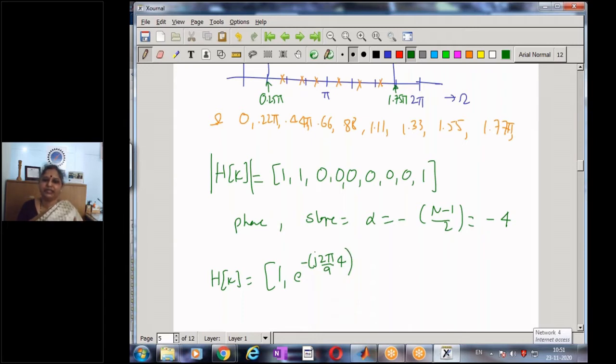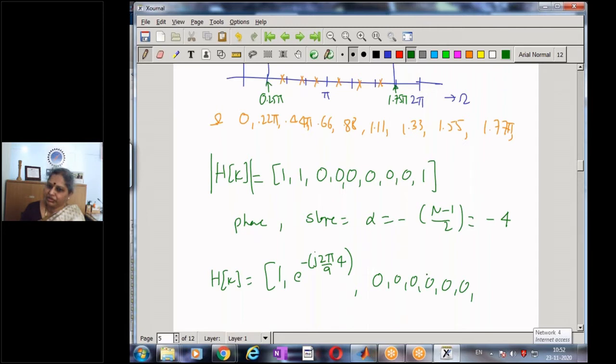All others are 0. But if I had a non-zero value, I would be multiplying it by e to the power of minus j, and instead of 2 pi by 9, it will become 2 times 2 pi by 9 and then 4. The slope remains the same. So all other values are 0.